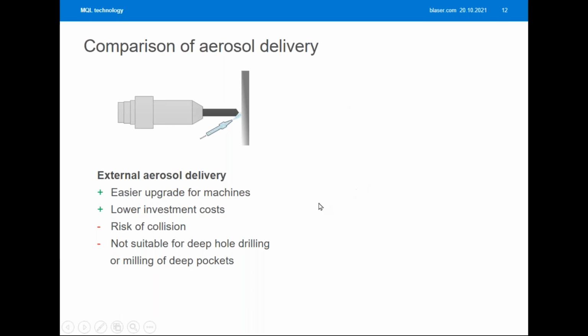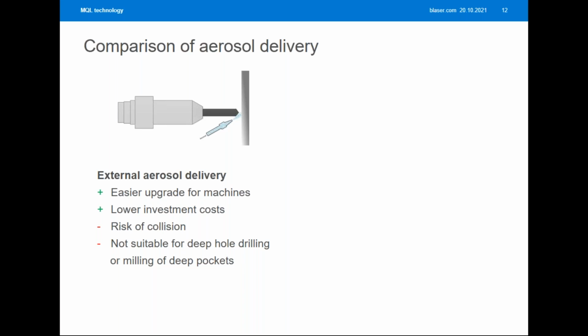The aerosol can be delivered internally or externally. If you go externally, it's easier to upgrade machines, with lower investments for MQL devices, for example. So these are the easier MQL devices, and they are cheaper, but they are very limited if you have a certain bandwidth of processes or tool diameters.